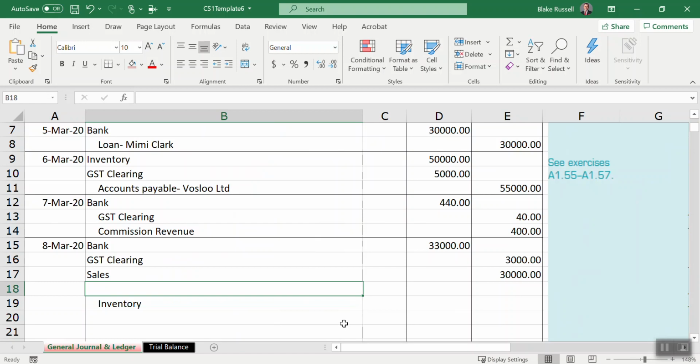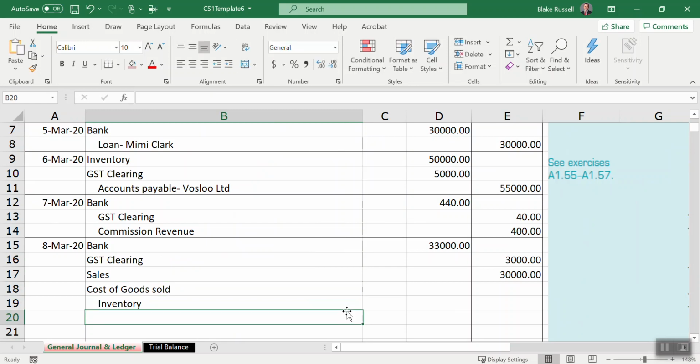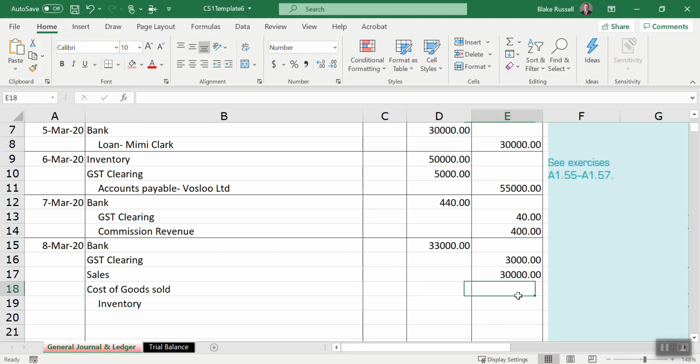The other account we're going to use is cost of goods sold. This is an expense account. We need something to debit, with the inventory being credited. We need something to debit with the cost price there. So we use the cost of goods sold account.